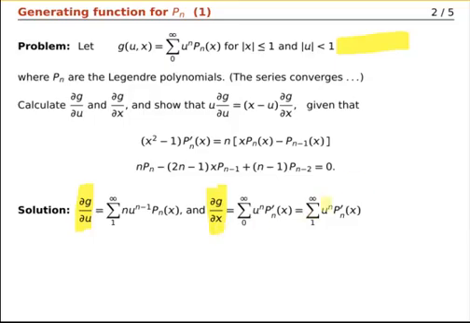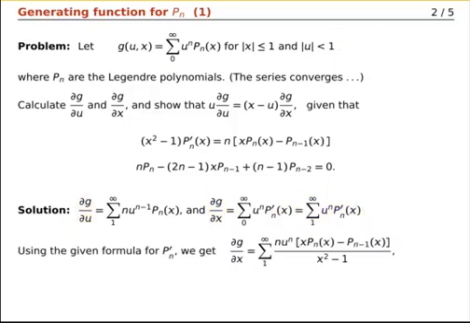Now, I've written this equation in the form where the summation goes from 1 to infinity, because P0 is a polynomial of degree 0, therefore it's a constant, so the derivative of P0 is 0, so the 0th term in the sum is 0, and we can just start the summation at n equals 1.